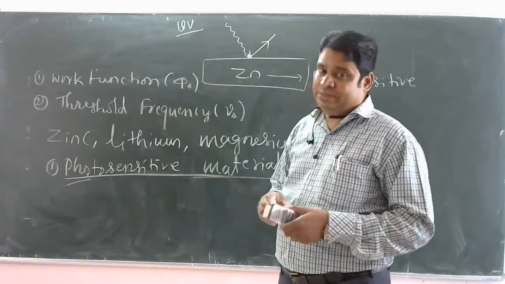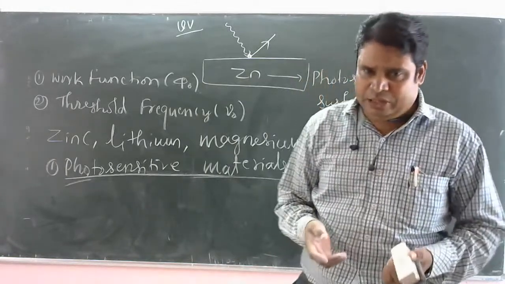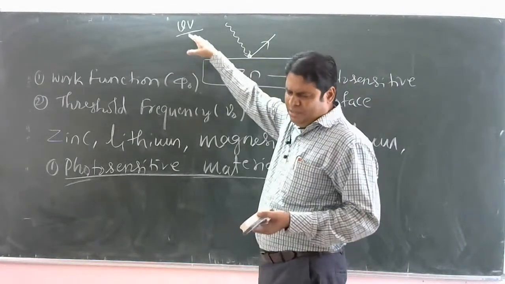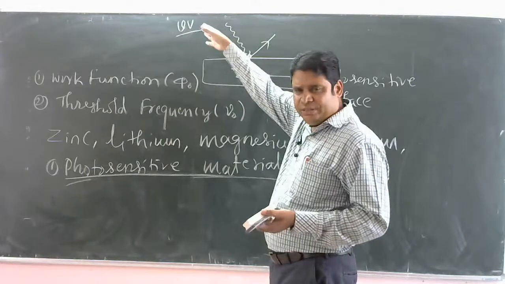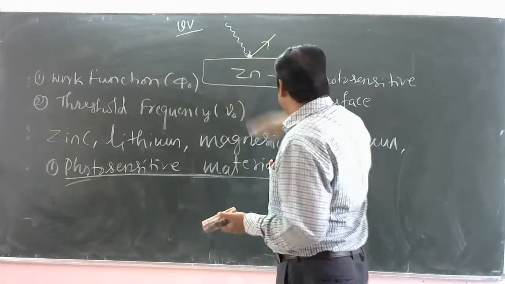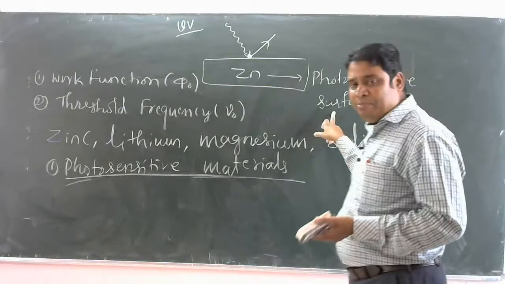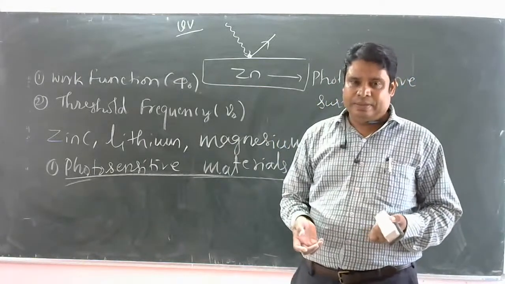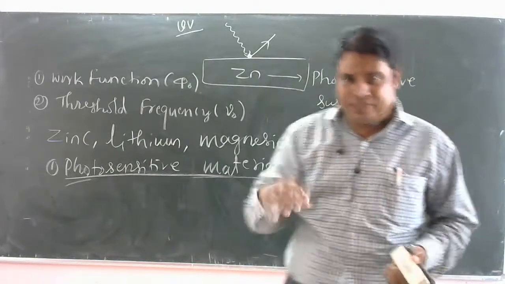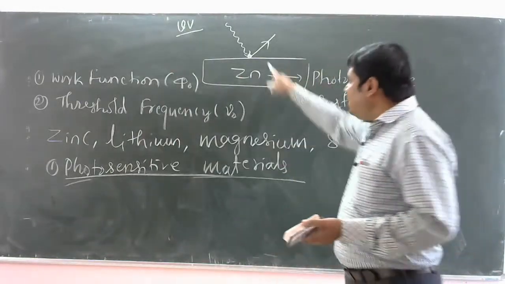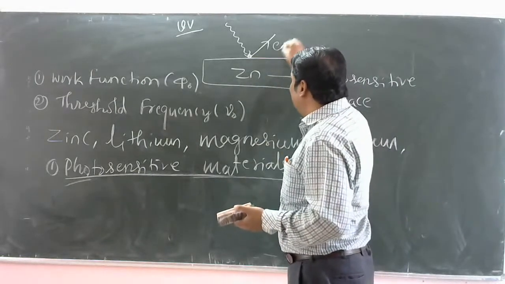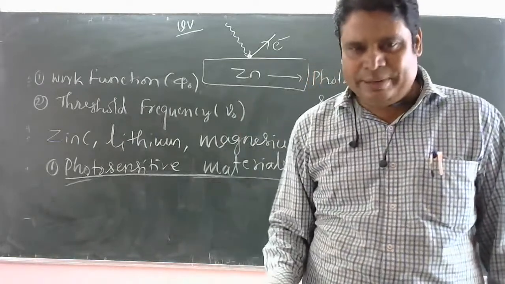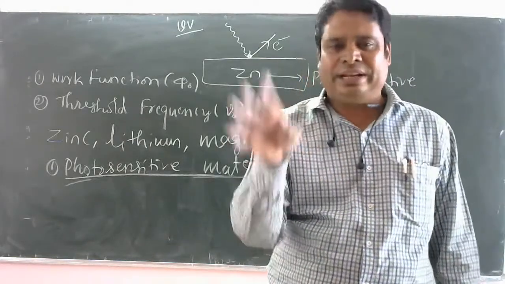UV means ultraviolet, one of the electromagnetic radiations. When ultraviolet radiation is allowed to fall on certain photosensitive surfaces, the electron removed is called a photoelectron. It's the usual electron, but in this case we use the term photoelectron.